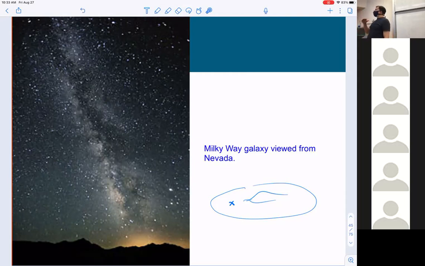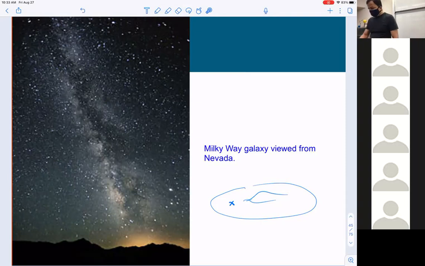But the aspect ratio of our galaxy is like a CD. So if you scale up a CD, it will look like our galaxy. I think the aspect ratio is about 100 to 1. Sorry, the size across is about 100 times the width.